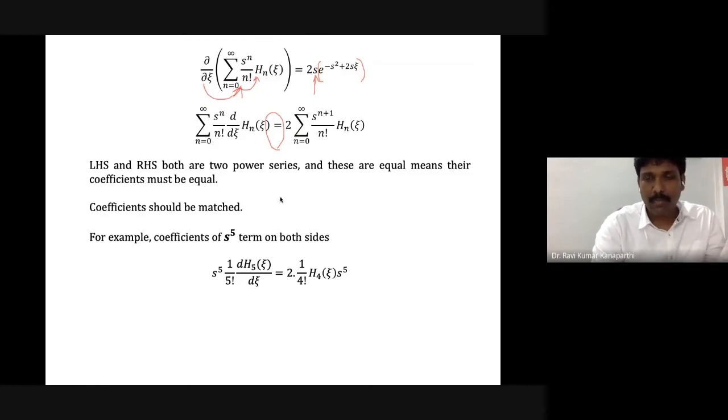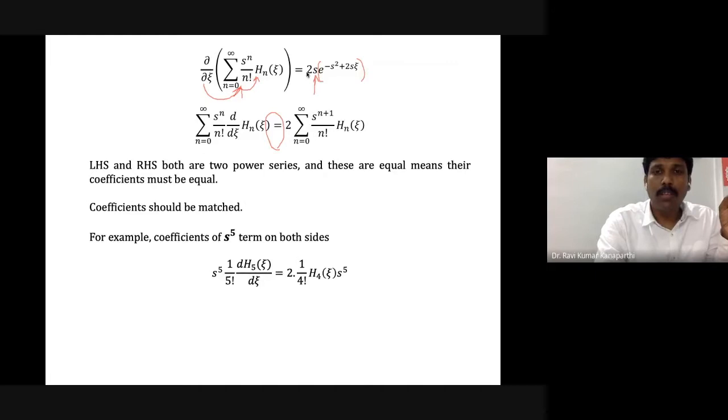On the other hand, from the right hand side, I want to evaluate the coefficient of the same s to the power 5. If you want to obtain the coefficient of s to the power 5, then here you should not substitute n is equal to 5. Why?